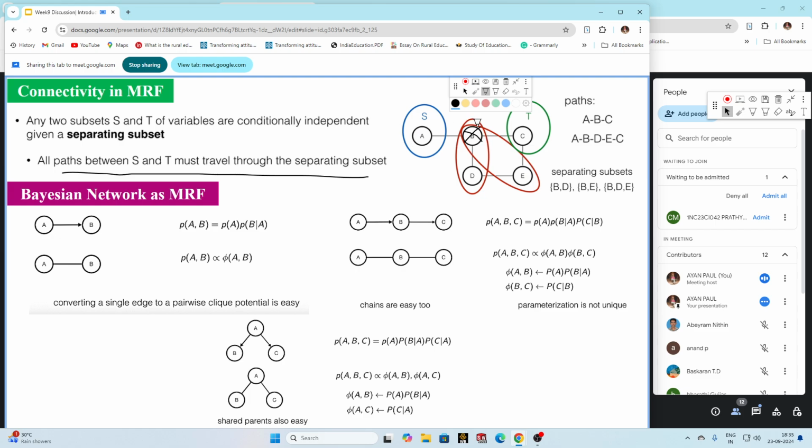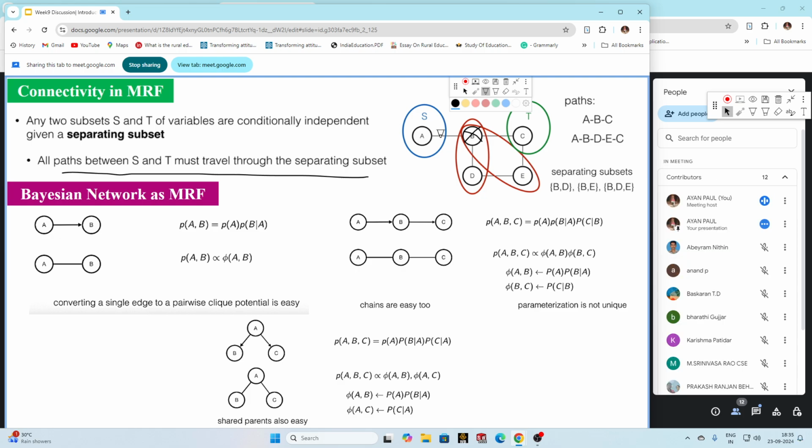If the neighbor is blocked, then no path can be traveled from A to D, E or C, because to travel from A to C, E or D, you have to travel through B. So A and D, E and C are independent. This is also known as the Markov property.